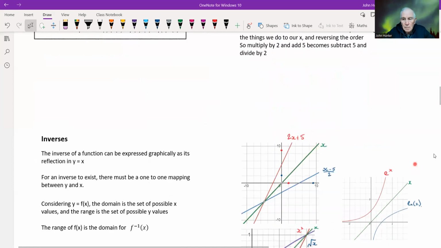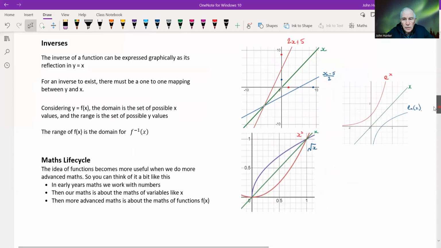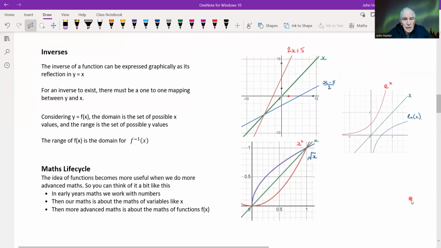Just another thing that we might say, to help visualize this, is that if we look at functions and their inverses and represent them graphically, they actually represent a reflection in the line y equals x.